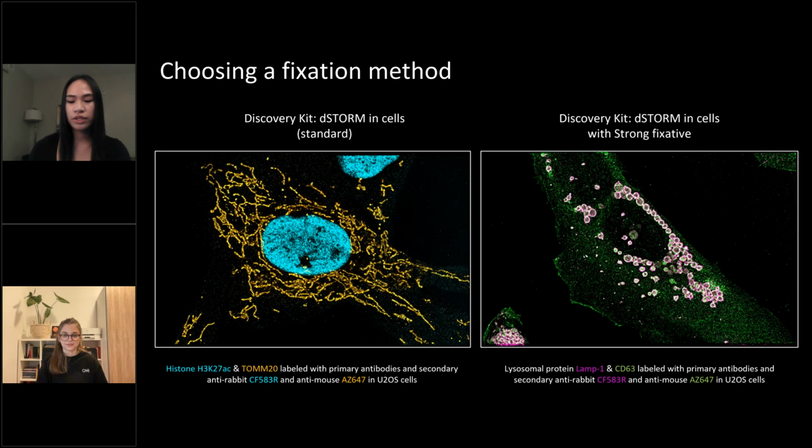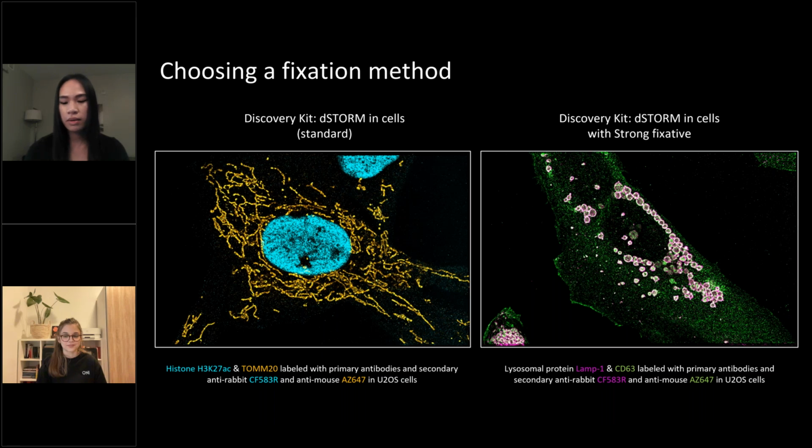All right, so let's go into an example. Here's a case study where the ONI discovery kit was used. On the left-hand side, you can see that a nuclear protein histone and a TOM20 protein that plays a crucial role in the translocation of proteins into the mitochondria were stained with the standard fixation.